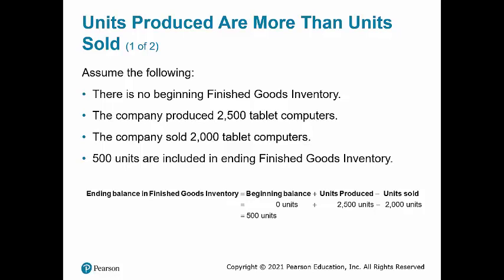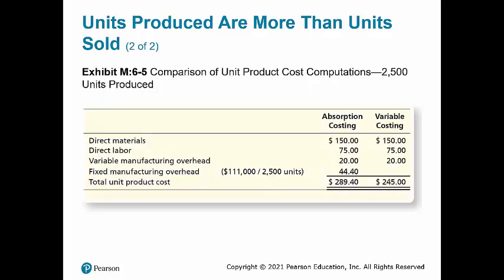This is because some of the fixed manufacturing costs are part of the ending inventory and not yet expensed. With the change in the number of tablets produced, the unit product cost must be recalculated because fixed costs are spread over a greater number of units produced. The calculations are summarized in the exhibit shown on the slide.